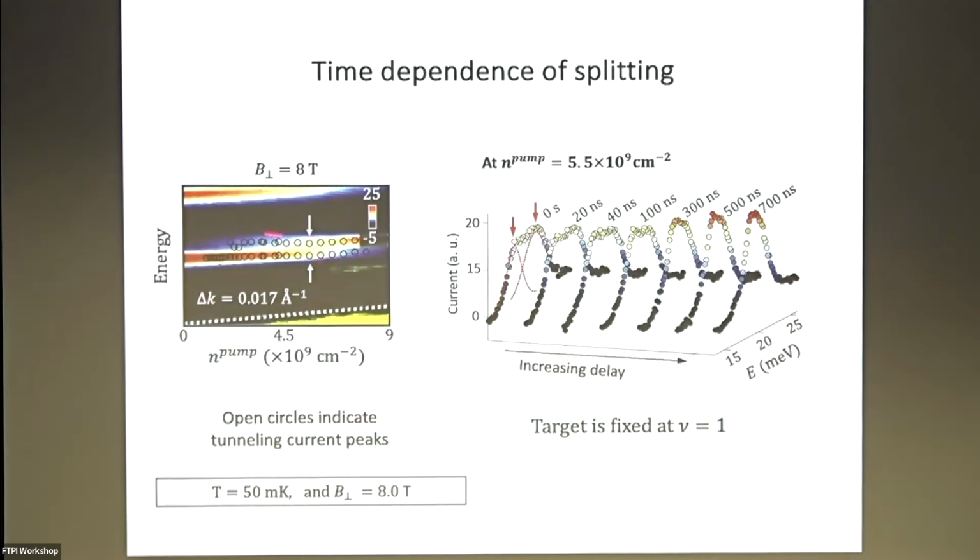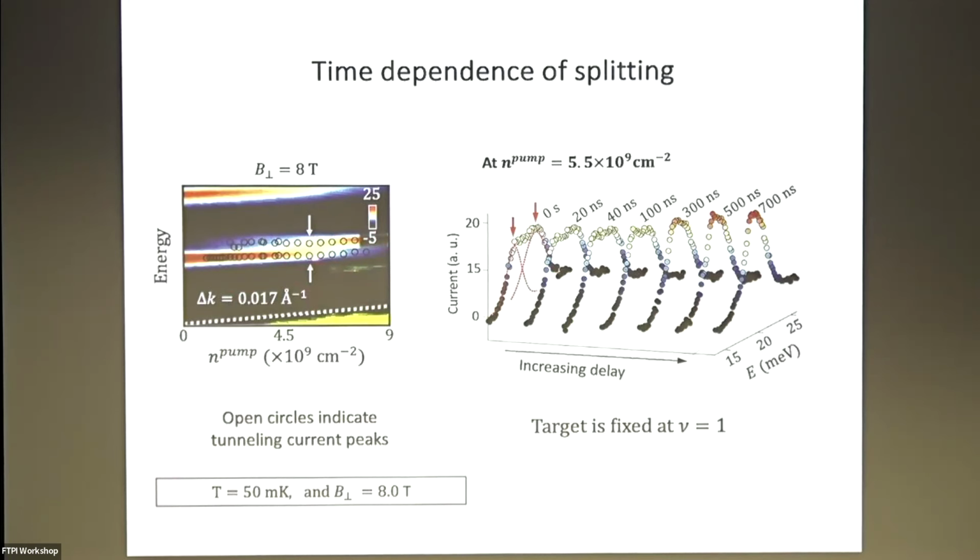And the reason for this crossover is when you have small pumping, you have only a few spots that are in this nu equals 1 plus state, but as you increase the pumping strength, when you're at 1 times 10 to the 10, you have nu equals 1 plus states on average about 100 nanometers apart, and they sort of fill the space.